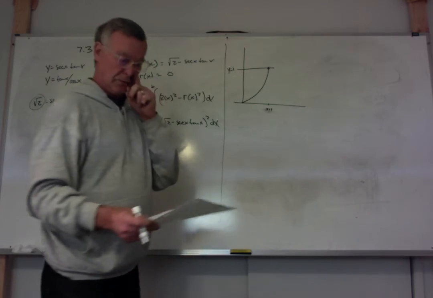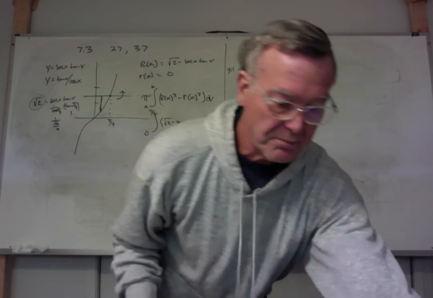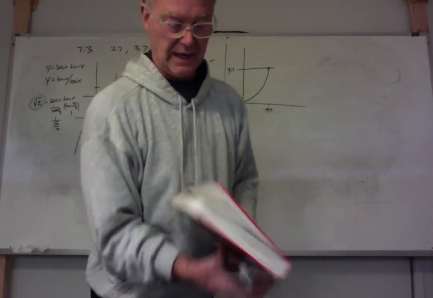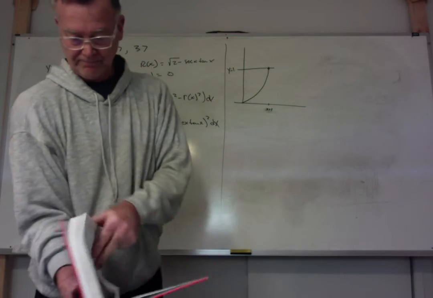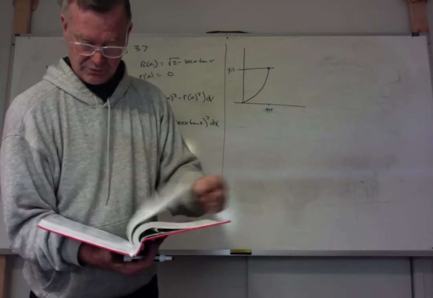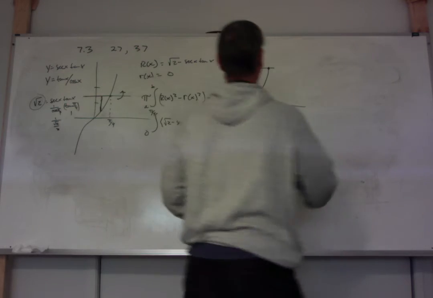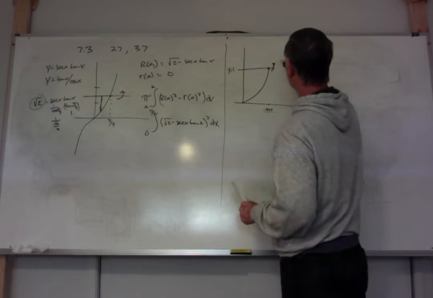The very first thing that we're going to do, let me get my book, I believe we revolve it around the line y is equal to 1. I had this all written out, but yes, around the line y is equal to 1. So very similar to the last problem. We're revolving it around here.